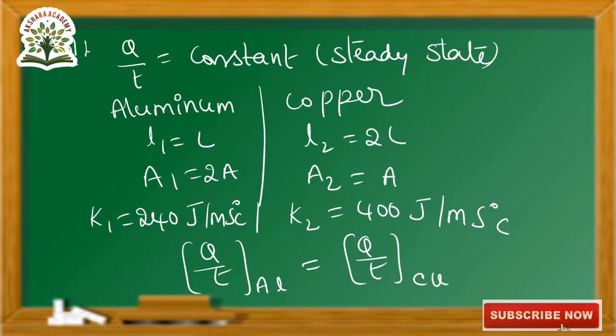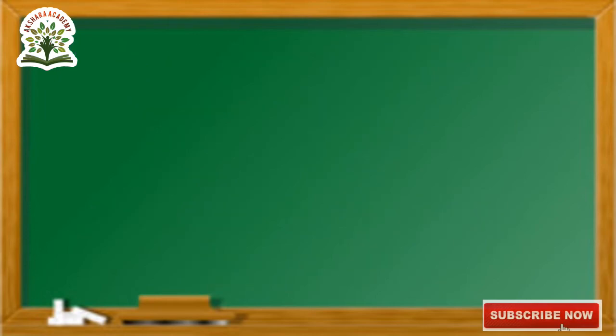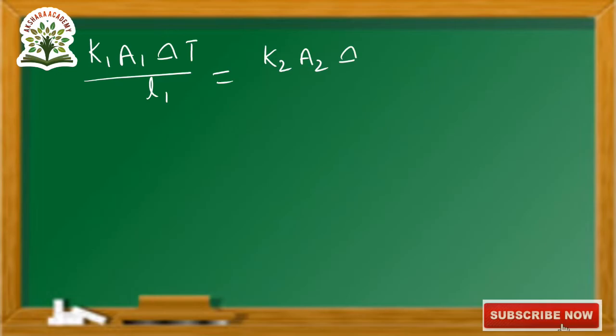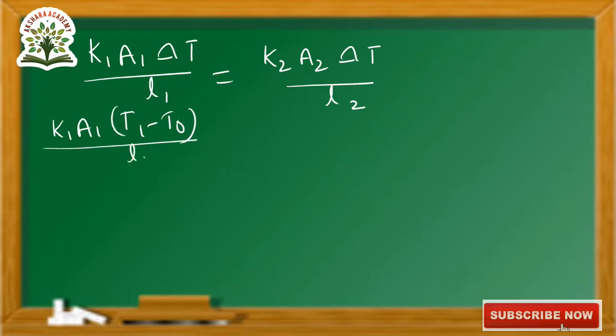Now we'll substitute these values. Writing the formulas, K1 A1 delta T by L1 is equals to K2 A2 delta T by L2. So K1 A1 (T1 minus T0) by L1 is equals to K2 A2 (T0 minus T1) by L2.